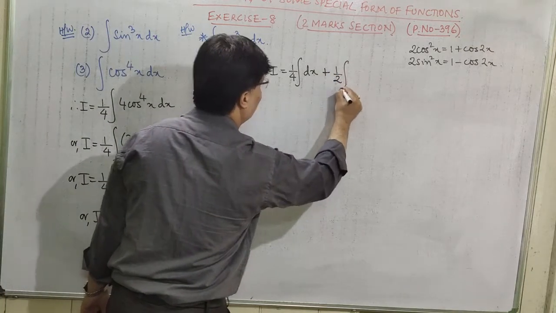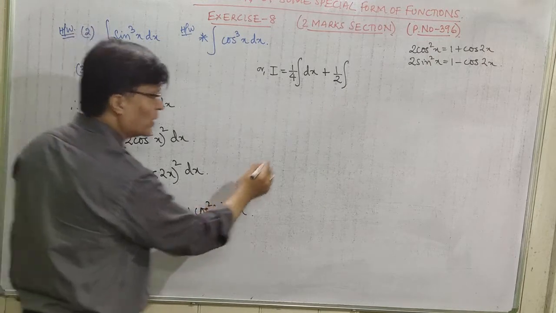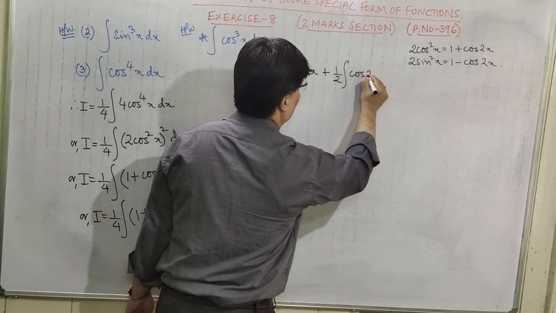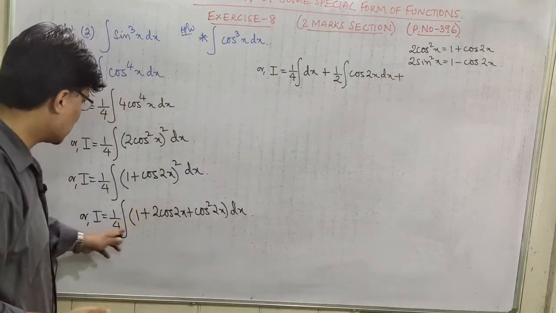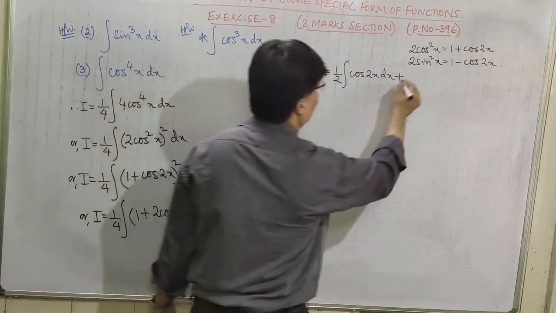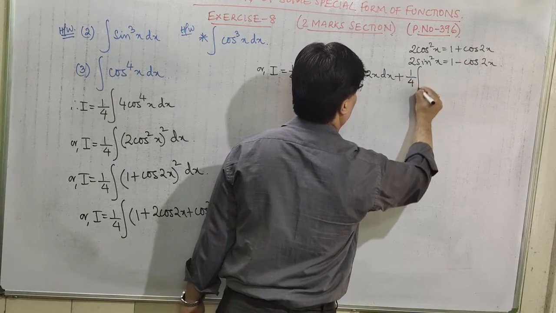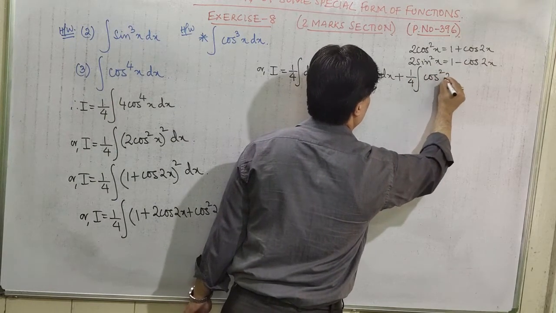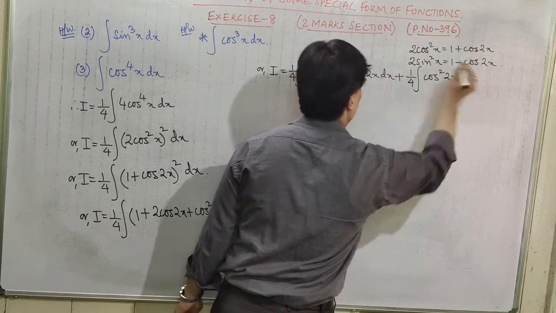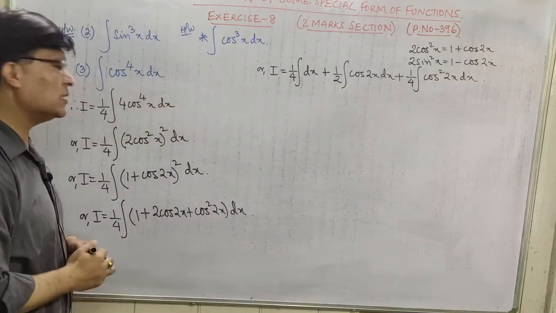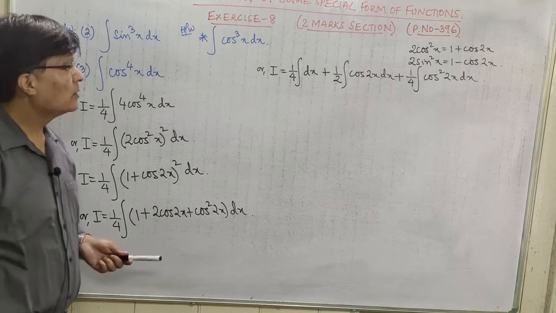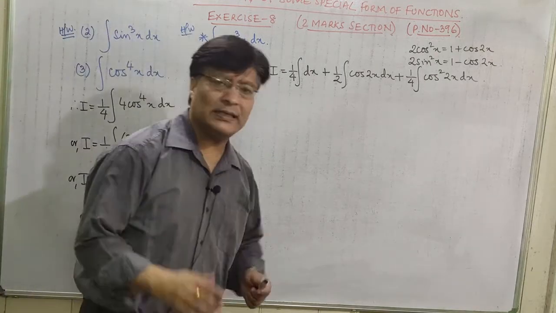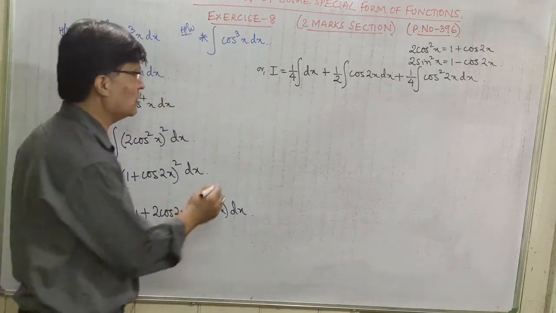This is half integration of cos 2x dx, plus what is the last term? 1/4 integration of cos square 2x dx. Is that clear?